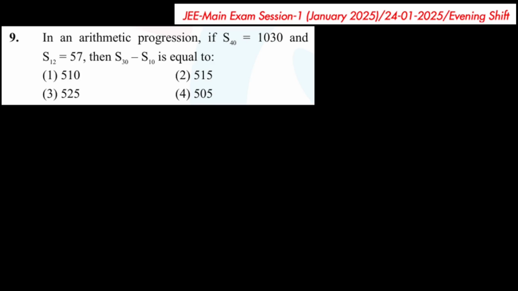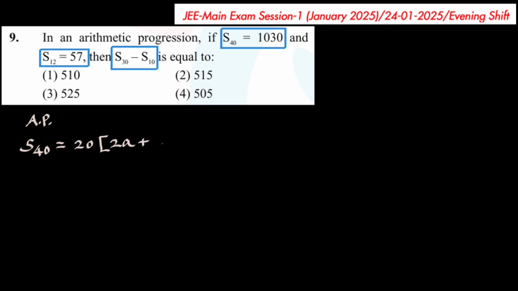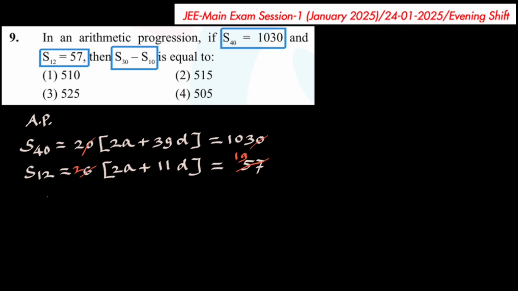In this question, S40 and S12 are given and we have to find S30 minus S10. So for an AP, S40 is 40 upon 2, 20 into 2a plus n minus 1, that is 40 minus 1, 39d, which is 1030, and S12 is 12 upon 2, 6 into 2a plus n minus 1, that is 12 minus 1, 11d, which equals 57, which becomes 4a plus 78d equals 103, and 4a plus 22d equals 19.